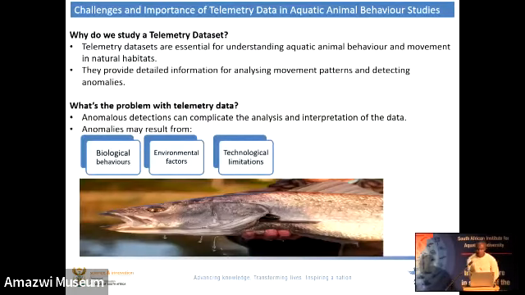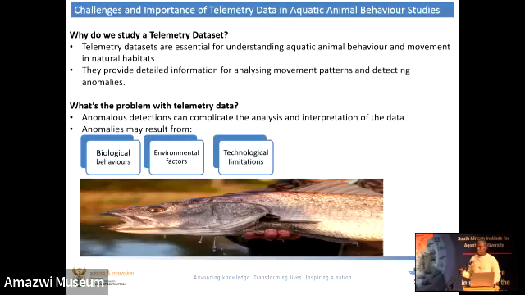The first question that you will ask yourself is, why are we interested in telemetry data? The simple answer is we want to understand aquatic animal behavior and their movement in natural habitats.